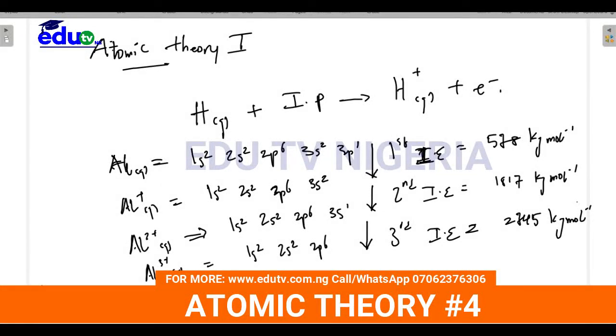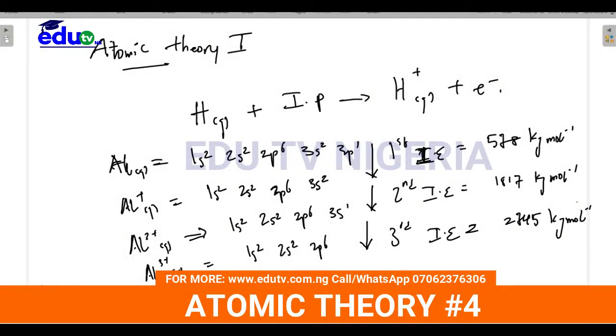The screening effect, also called the shielding effect, is the ability of the inner electrons to form a protective wall.